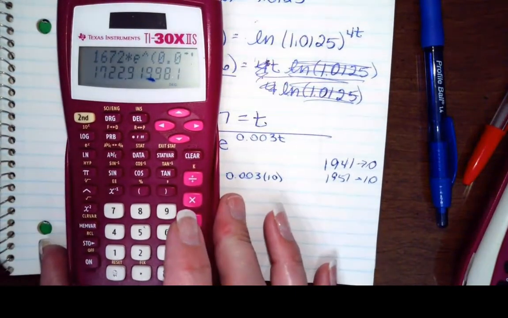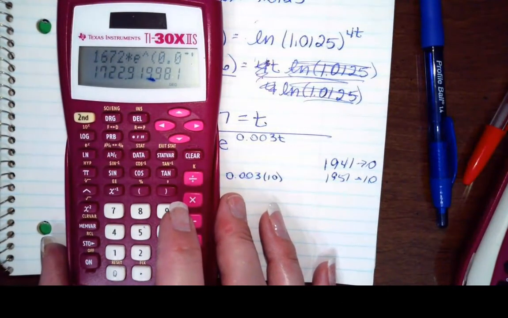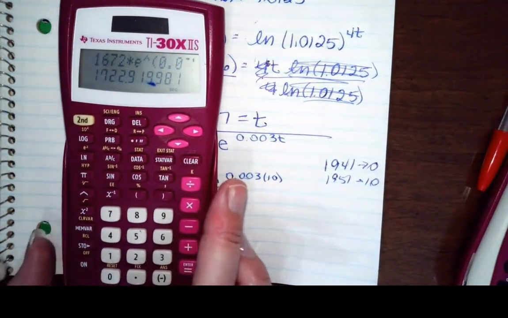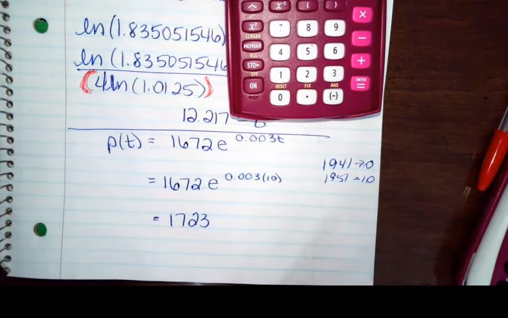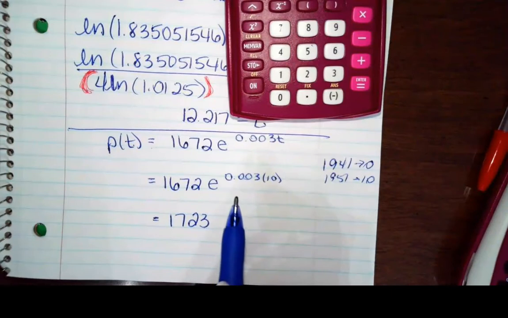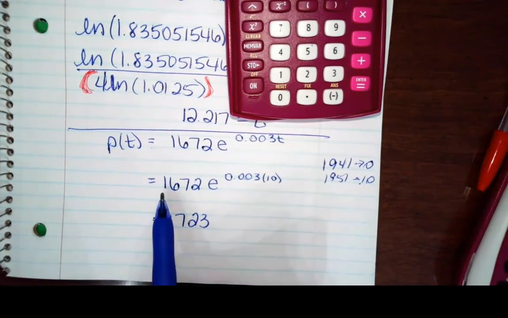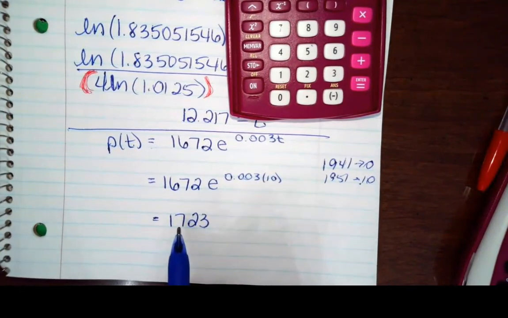To the nearest whole number, it's 1723. I'm sorry, we're not doing years. That's what the population growth is going to be. In 10 years, the population will grow from 1,672 and end up at 1,723, depending on if we're measuring in millions or billions or whatever.